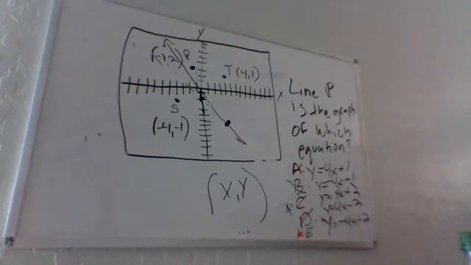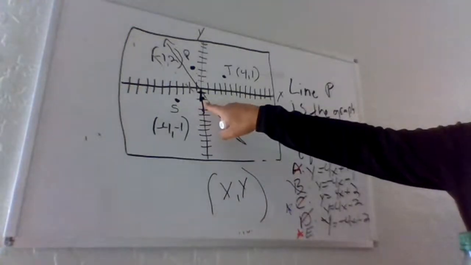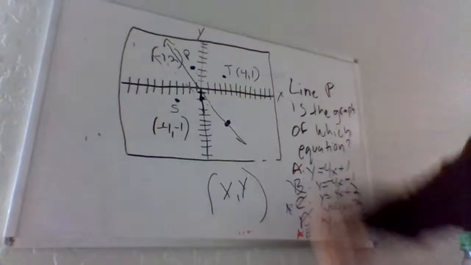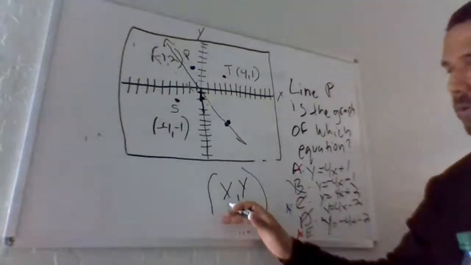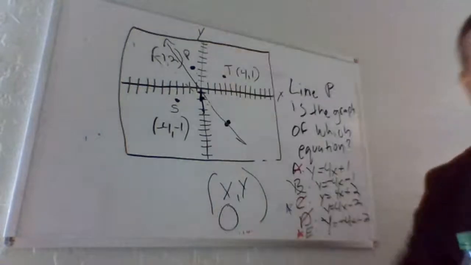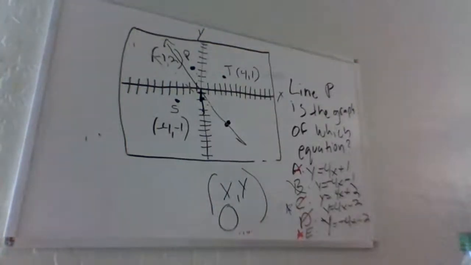If it's on negative 2, do we have anything representing x? We don't. So it's 0. What is the y? Y is negative 2.